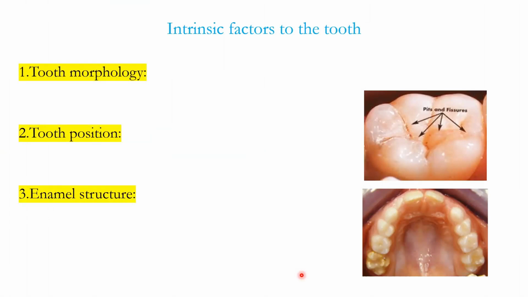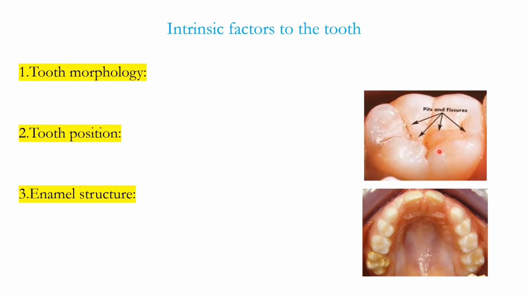So let's see one by one, starting with the factors intrinsic to the tooth. So tooth morphology. You have studied the dental anatomy and you know the morphology and anatomy of the tooth. So when you're looking at this picture and when you're looking at the pits and fissures on the occlusal surface, it is very easy for you to understand that this must be the most common area for the occurrence of caries. Why?